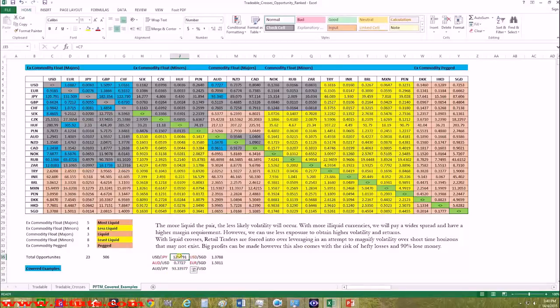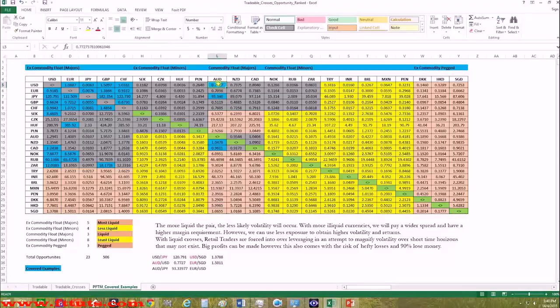The cells we referenced were C7, column C, row 7, which was the US dollar Japanese yen rate, and L5, column L, row 5.